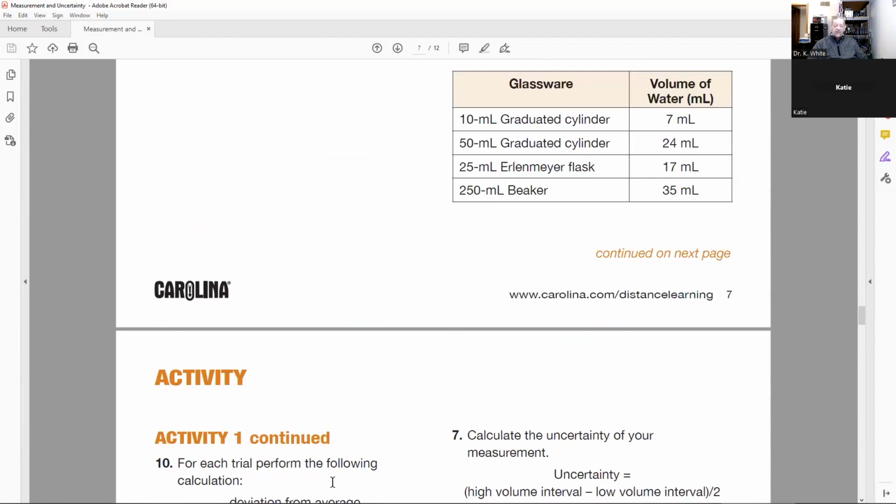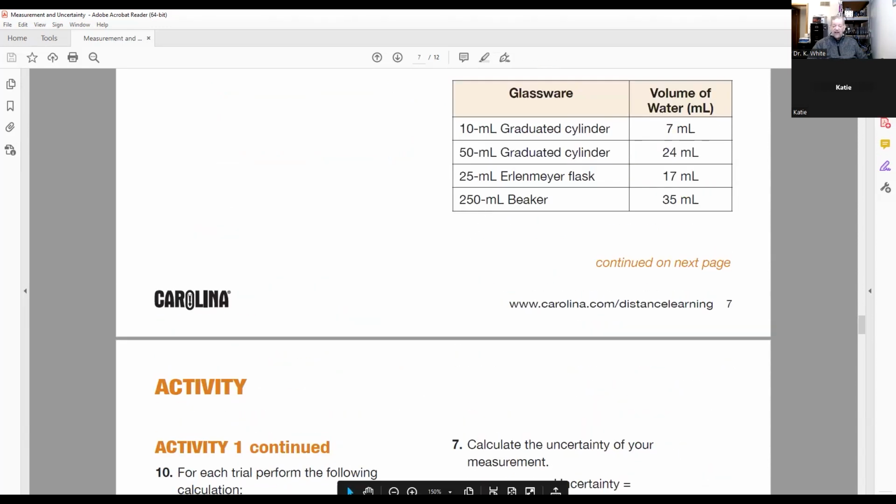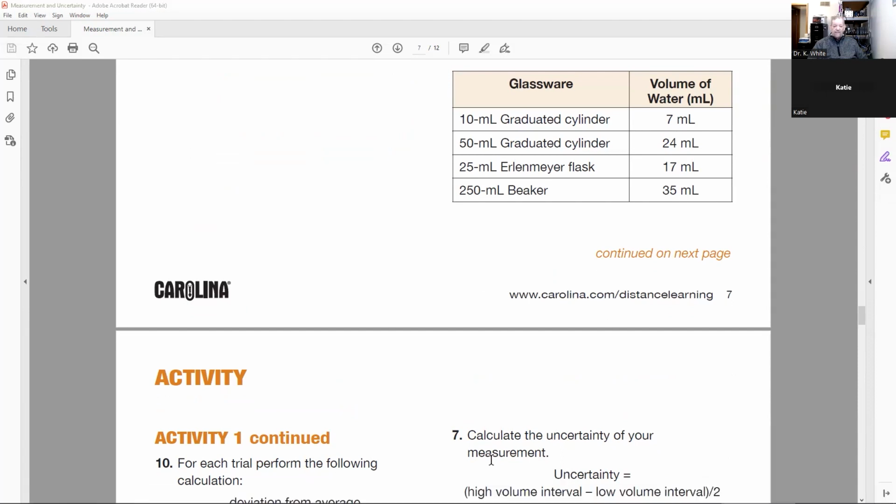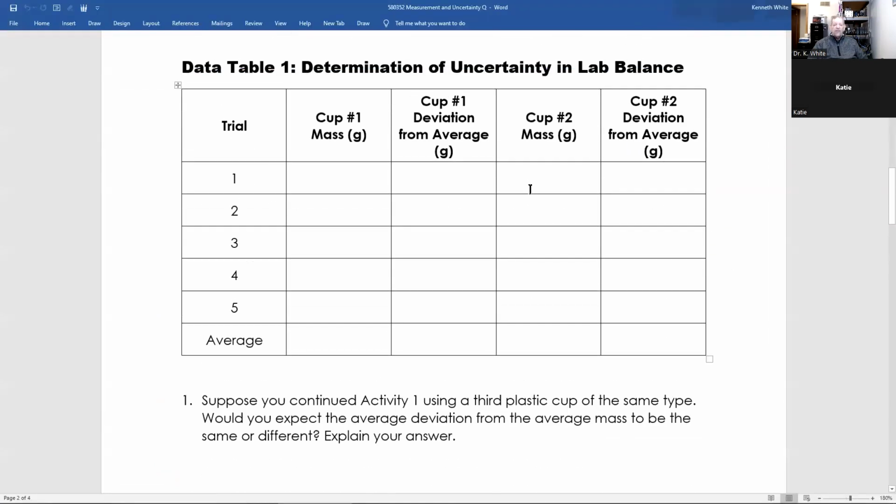Now let's go to the lab report. So for the first part, cup 1, they have you do it 5 times.